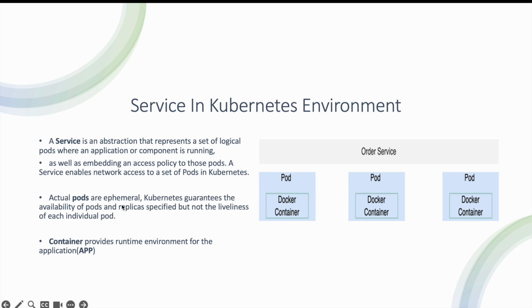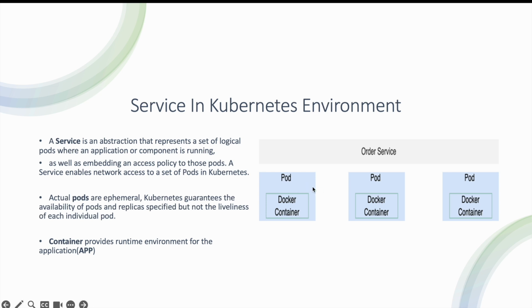The actual pods are ephemeral, that is, they can be destroyed. Kubernetes guarantees the availability of pods as the replicas are specified, but not the liveness of each individual pod, right?